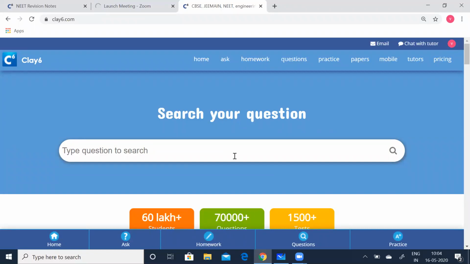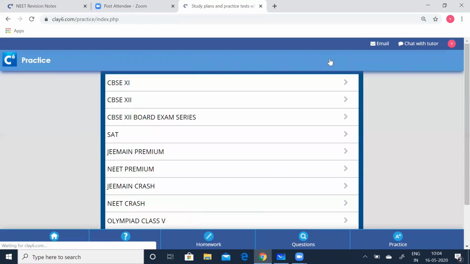So let us quickly go through how to access the revision notes on the PlaySix site, where we have summarized all the things you have to learn for the NEET exams, the formulae and everything for all three subjects: physics, chemistry and biology. Go to the PlaySix website, this is the home page, and click on the practice session.